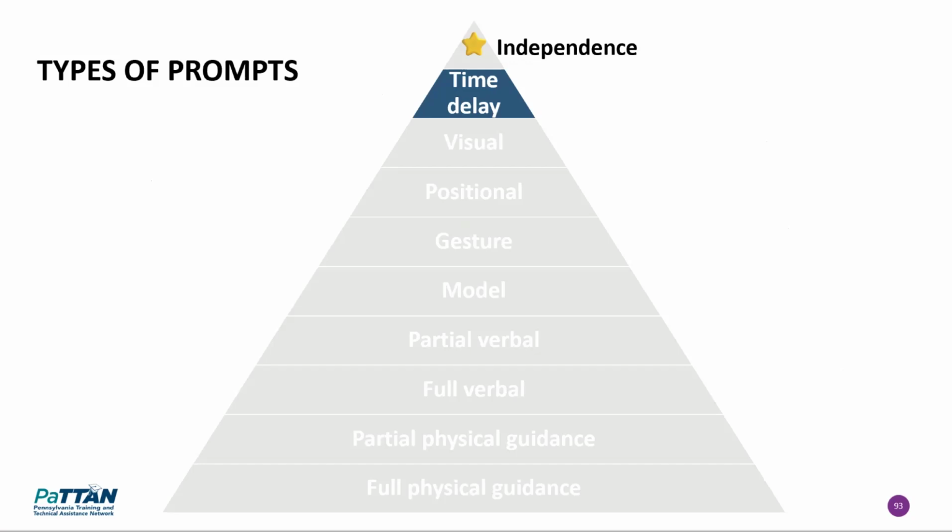So you can use various increments of a time delay. 2 seconds is pretty common, meaning you provide 2 seconds for them to respond independently before you would prompt. But you really only want to do this and incorporate a time delay when you see your child is doing it pretty reliably. And one reason for that is additional time also increases the margin for error.